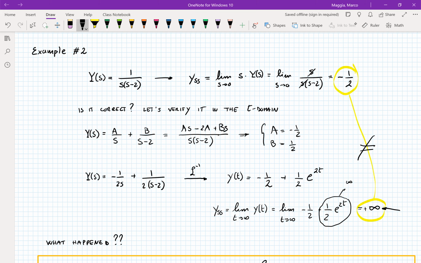But if we didn't want to retransform the function in the time domain, what we can do is just check: can we apply the final value theorem, yes or no? Here it shows that we cannot do so. And so if we wanted to find the final value, we would have to apply the limit in the time domain.